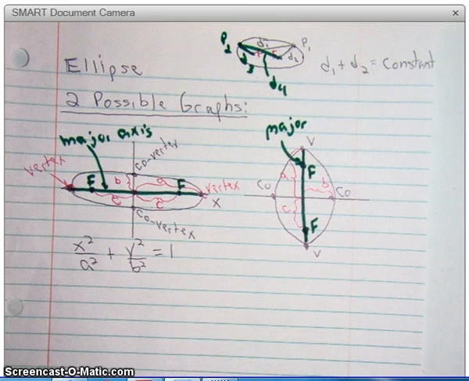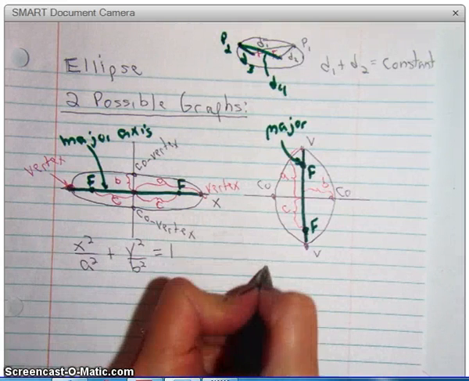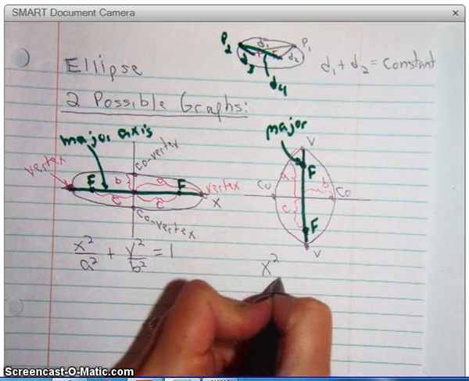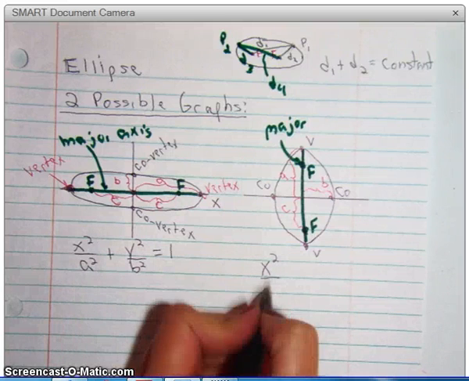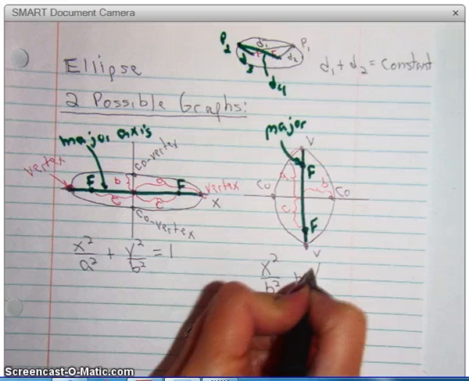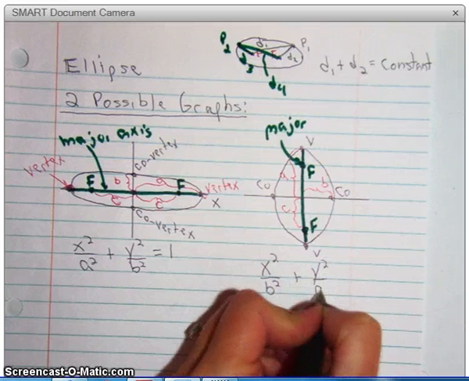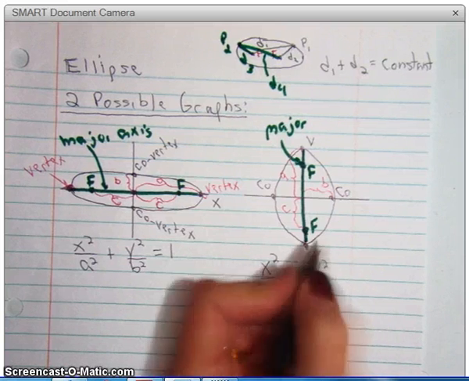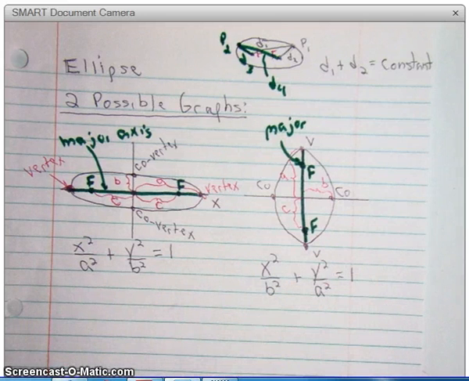All right, the equation for this graph is x squared over b squared plus y squared over a squared equals 1.